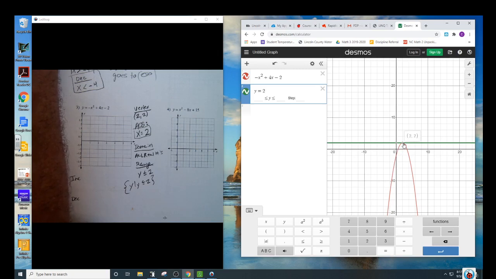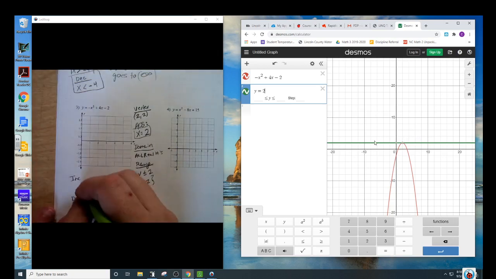So I'm increasing on this side of the vertex, where the x values are less than 2. So the interval of increasing is x values less than 2.